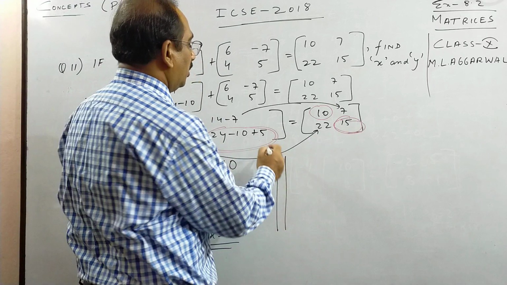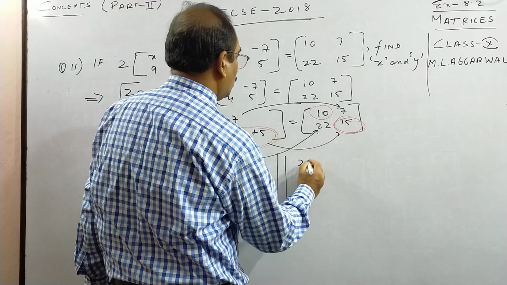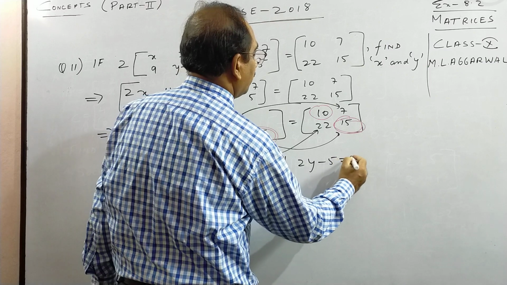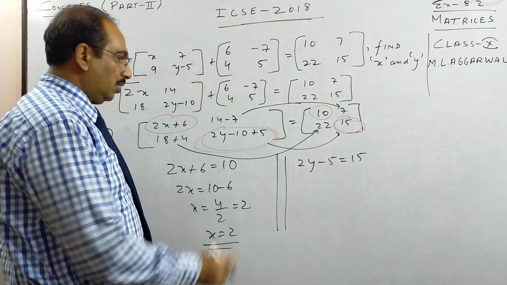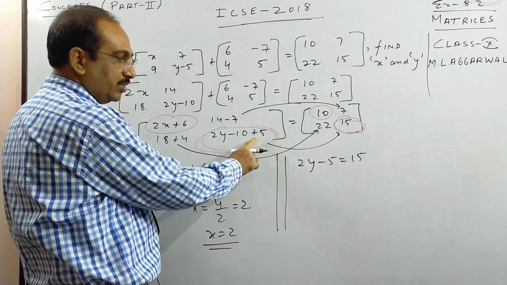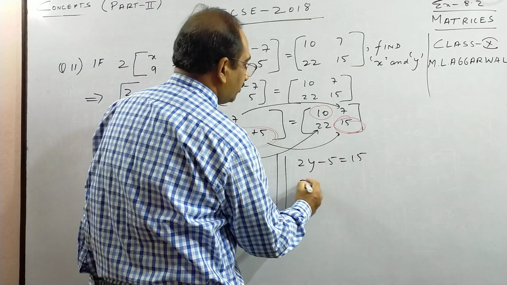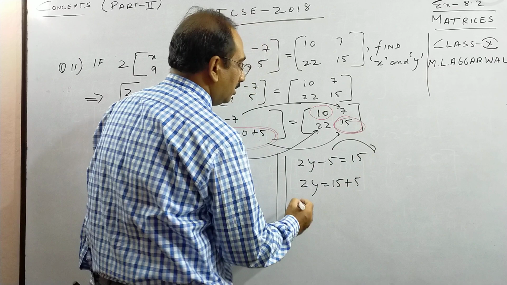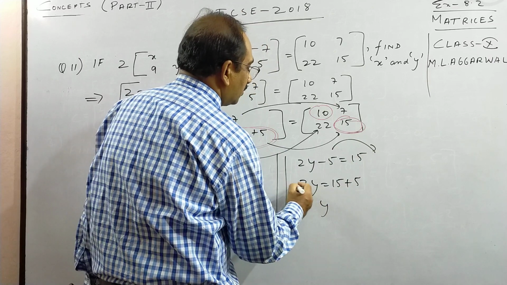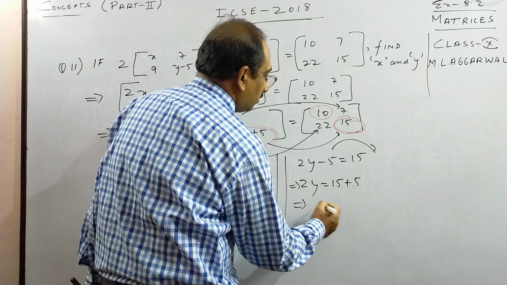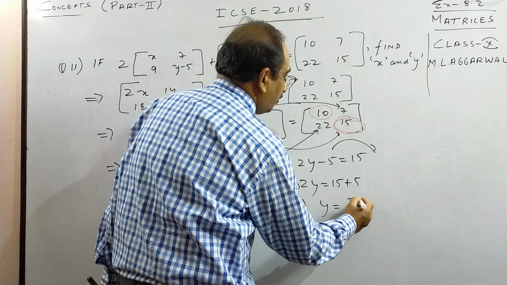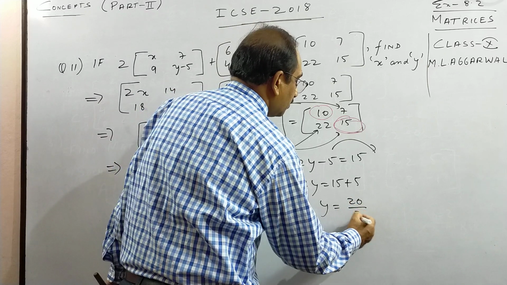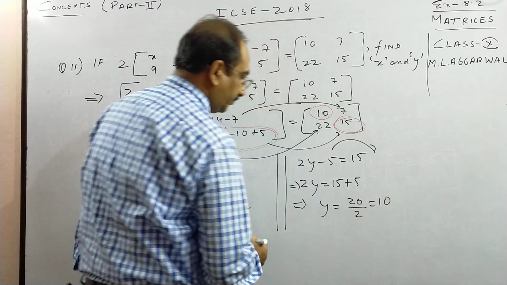Same way we solve. These two are corresponding elements. 2y minus 5 is 15. 2y, this becomes minus 5, minus 10 plus 5 is 15. 2y is 15 plus 5. This becomes plus. Therefore y is 20 by 2, which is 10.